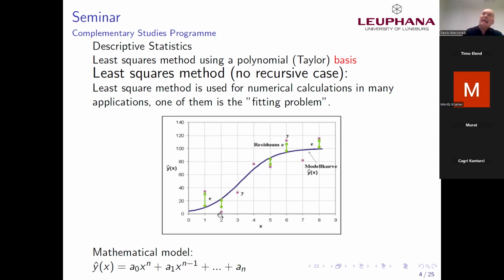We have here 8 points, 8 measurements. This means if I want to meet all points, I need at least polynomial order 7. I meet all points, all 8. In any case, we have more parameters.